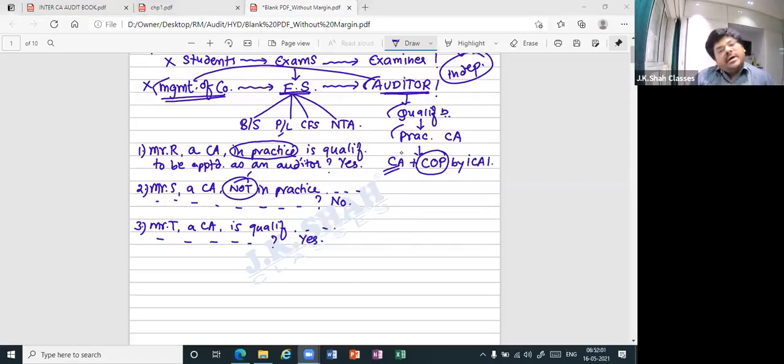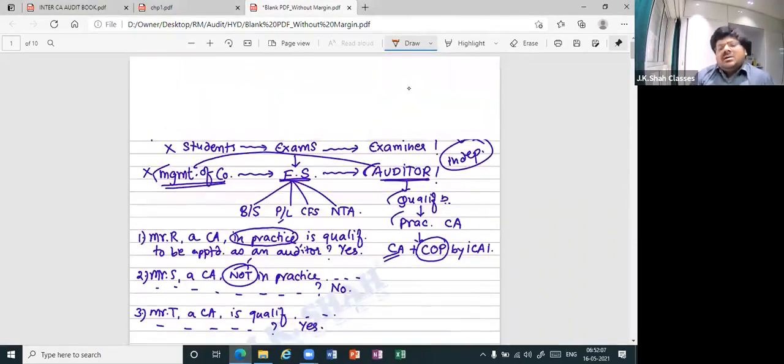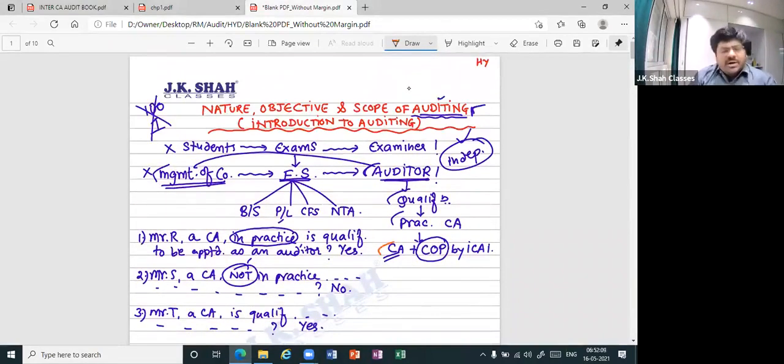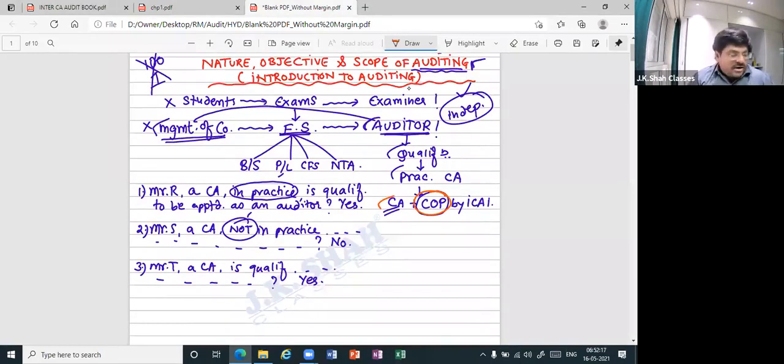Is this okay? Students ask me such doubts for real life also. Sir, chartered accountant became. For COP, we have to give another exam? I didn't know. How many exams will you give? Already you have to give so much for inter, then an equal number of papers for final also. Chill.